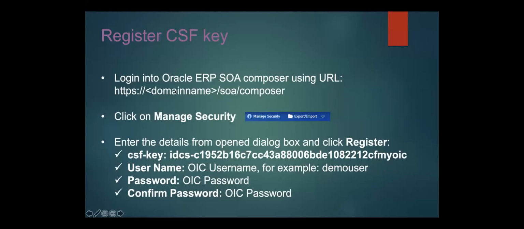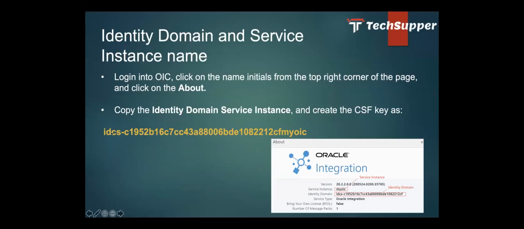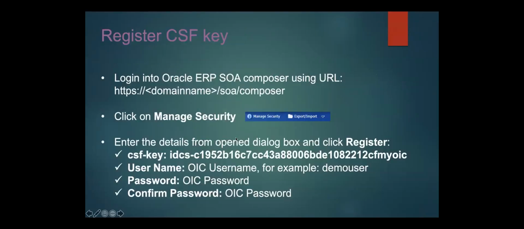Okay, so once you have the identity domain and the service instance, you need to log in to the Oracle ERP SOA Composer using a URL like https colon, your Oracle ERP domain, and then /soa/composer.